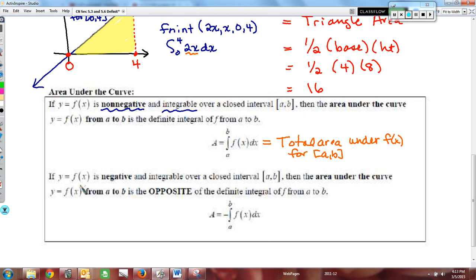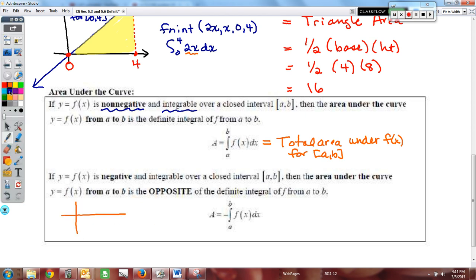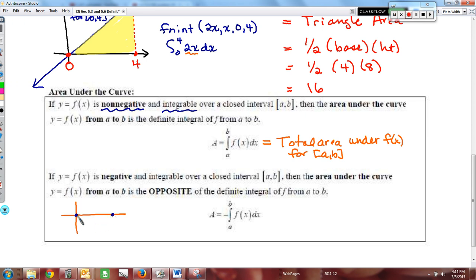Now, when we have a function that is always negative and integrable on the interval, that basically means that our function from, say, a to b, if it was 0 to 4 like it is above, is now always below. When we calculate this definite integral, we're summing areas of rectangles where the height comes from the function value.